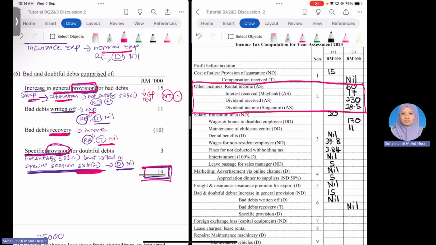So the amount that you deducted in the SOCI, 3,000 ringgit, is also considered allowed for deduction in the taxation because it is listed under section 34 subsection 2. So no issue, we just record it as nil to show that this amount is already deducted in the SOCI, and no further deduction in the tax computation.